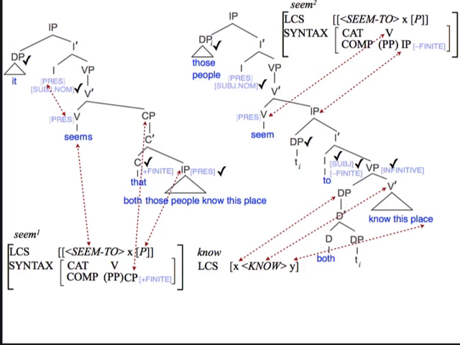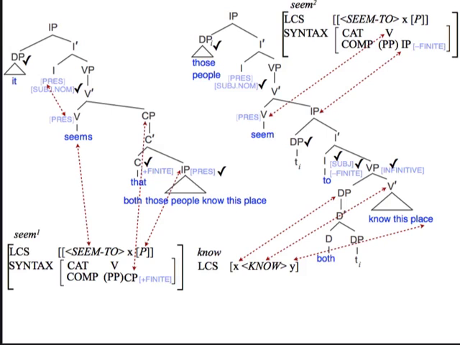You can't say, those people seem both to know this place. Not very good anyway, right? Is that grammatical? Those people both seem to know this place. That seems okay, right?